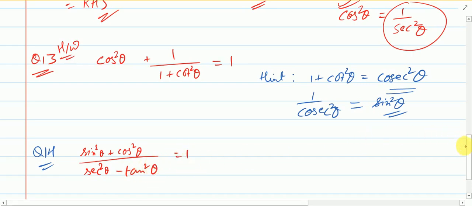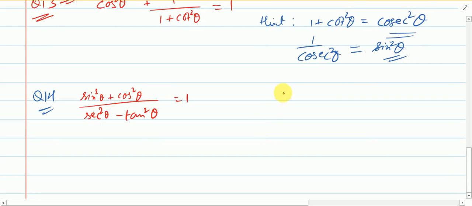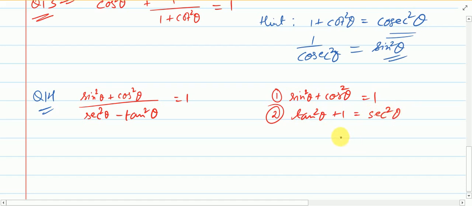This is the question. Now first identity is this. Yes, second identity is this. Tan square theta plus 1 is equal to sec square theta. Yes, so from this second one, can we write sec square theta minus tan square theta is equal to 1?